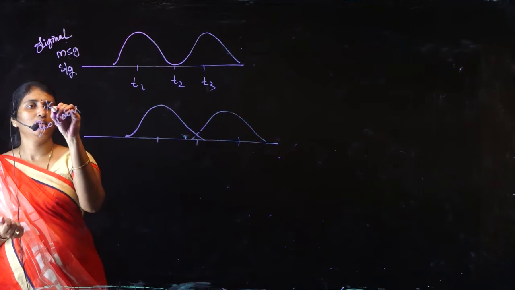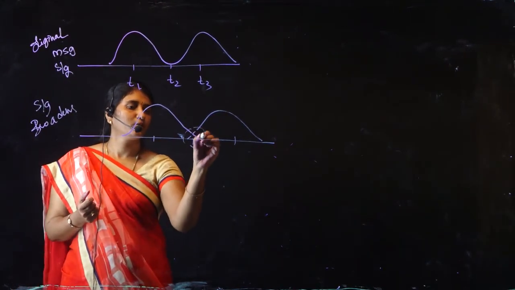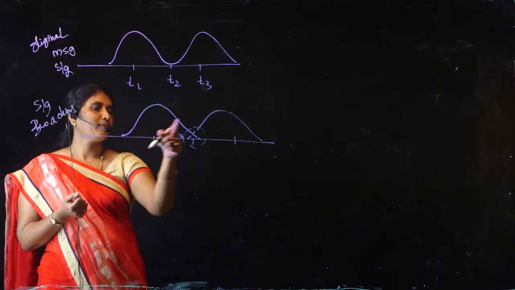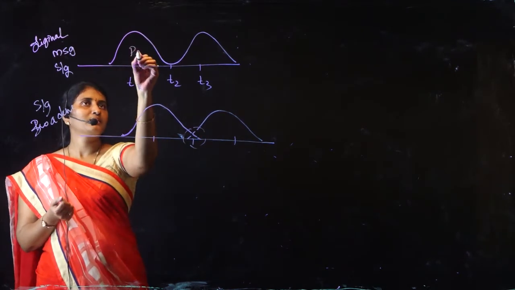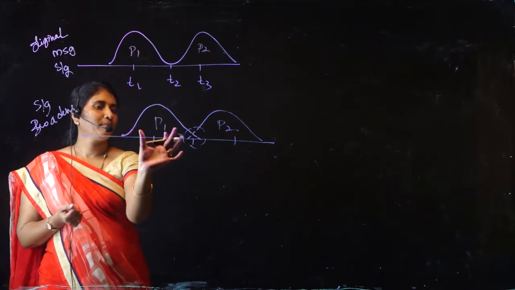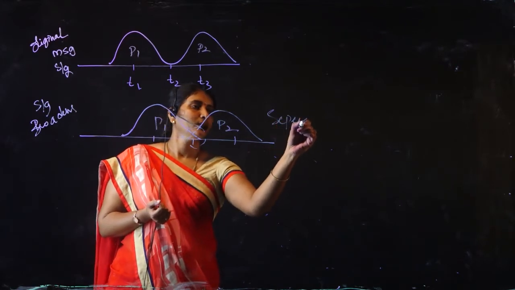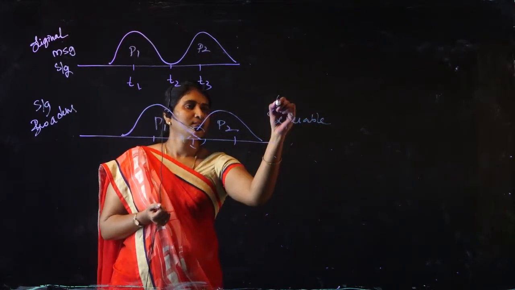Here the signal broadens to some extent. So this part of the broadening that we are seeing from one pulse to another, pulse 1 and pulse 2, is where we can differentiate pulse 1 and pulse 2, so that at the receiver part these two signals are separable.